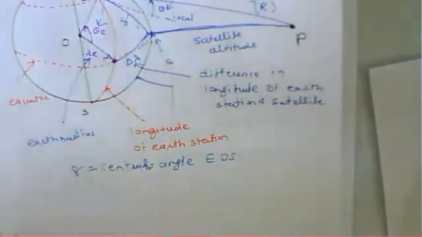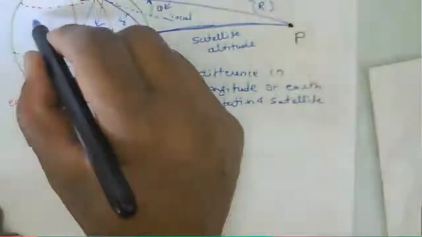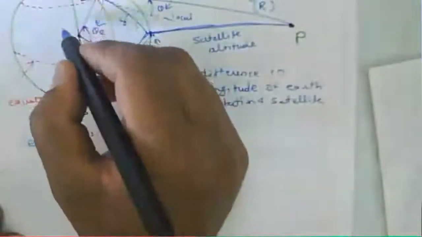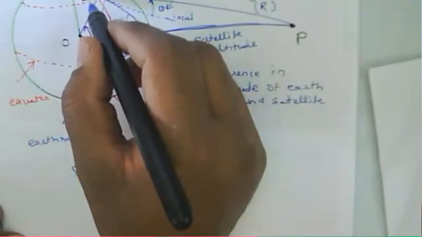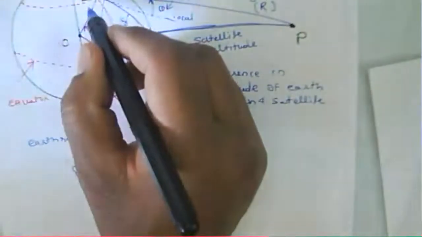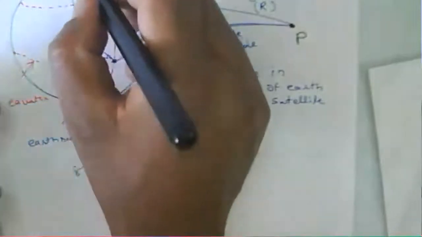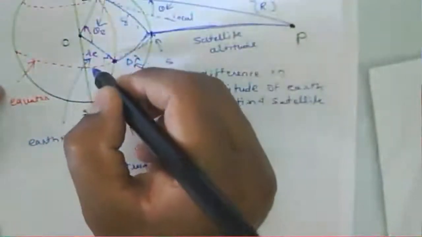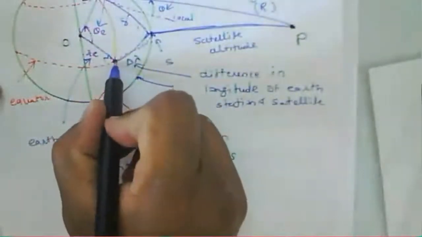And the earth station has a latitude, which we can consider here. We have the latitude for this particular earth station, and its longitude intersects this equator at the point M here.